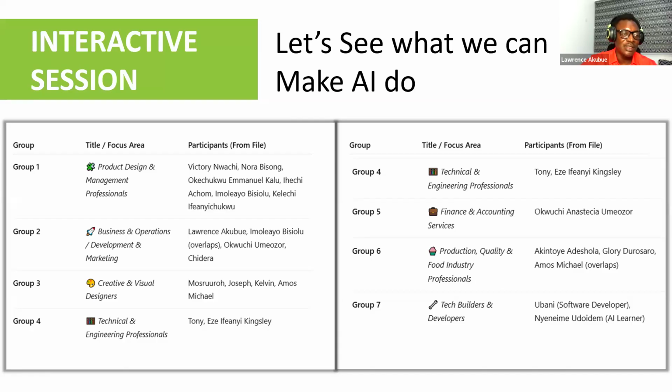Let's make it a bit interactive, because now I feel I have provoked some of our curiosity and we'll be able to say, okay, we can use it for one or two things. Any volunteer, just mention the group and then something we can use it for.